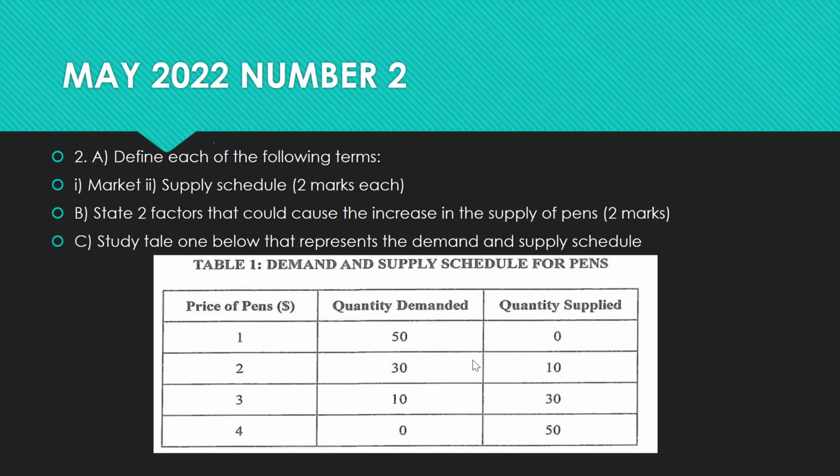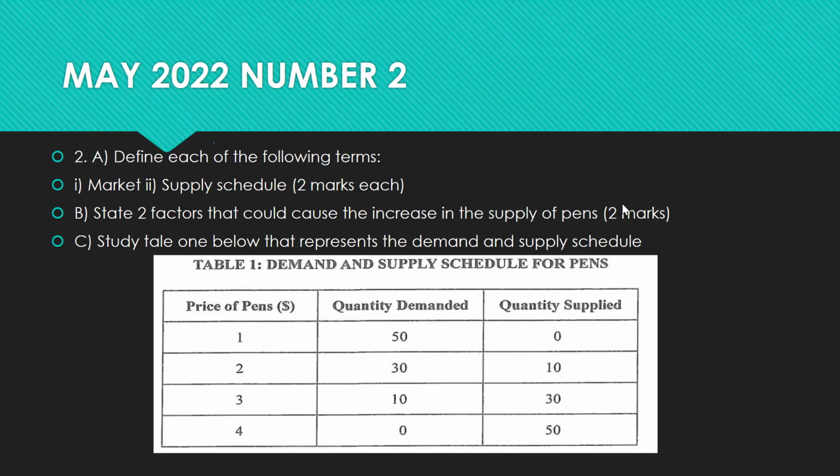Now it asks, state 2 factors that could cause an increase in supply for pens. What would you all say? What could cause an increase in supply? The cost to produce it.